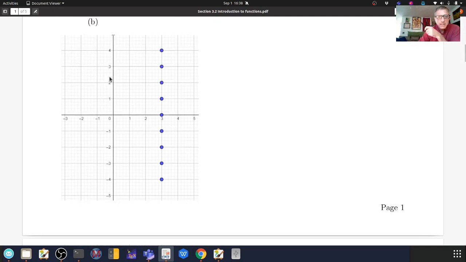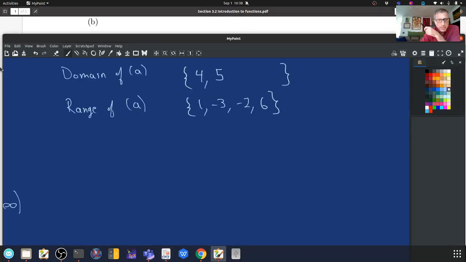Now let's go on down here, and let's try to answer the same question. Here we have the graph of a relation, a lot of points that have been plotted.